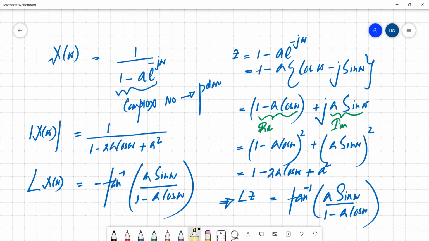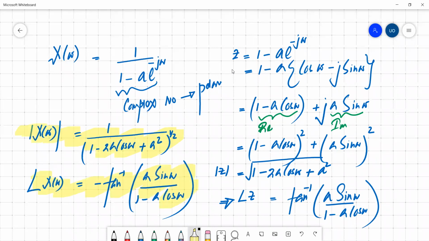So in the magnitude we should take mod of this, which is the root of this. So this is the magnitude spectrum. This is the phase spectrum.